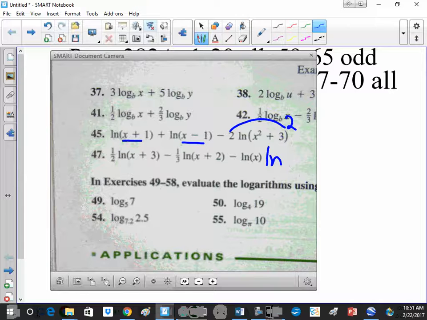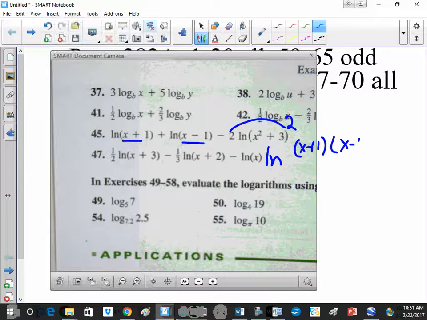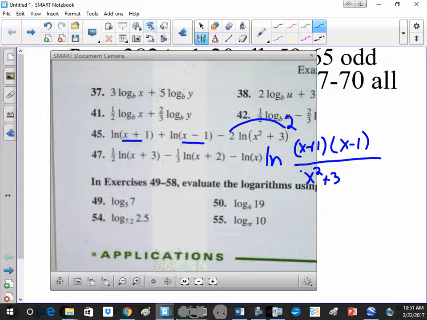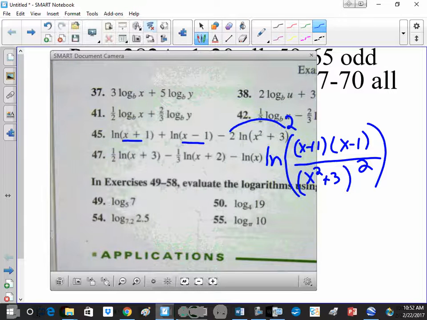So I have the ln of x plus 1, x minus 1, and then x squared plus 3 squared. Does that make sense? We didn't pull it out. We condensed it using the product and quotient rules. No. Because if I took this and split it, I would end up with 3 logarithms. So we're just going backwards from the set before.